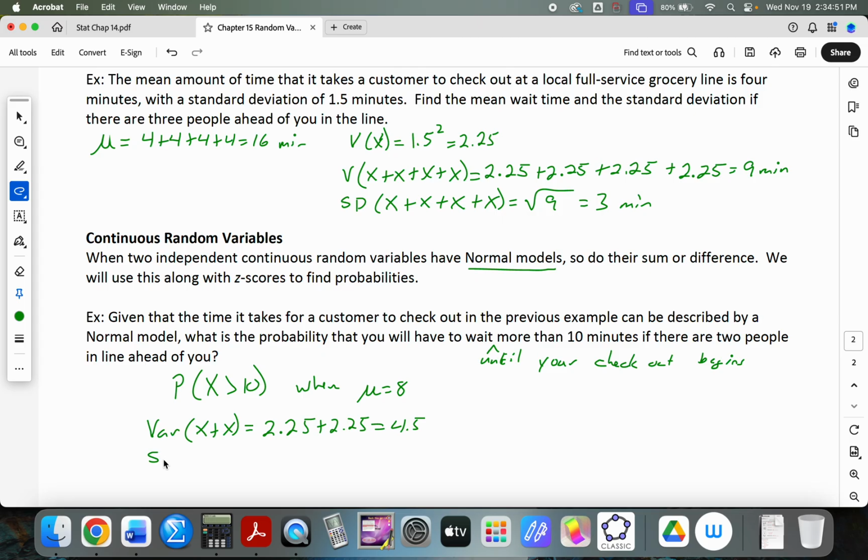So the standard deviation of x plus x is the square root of 4.5. 2 point something, 2.12132.